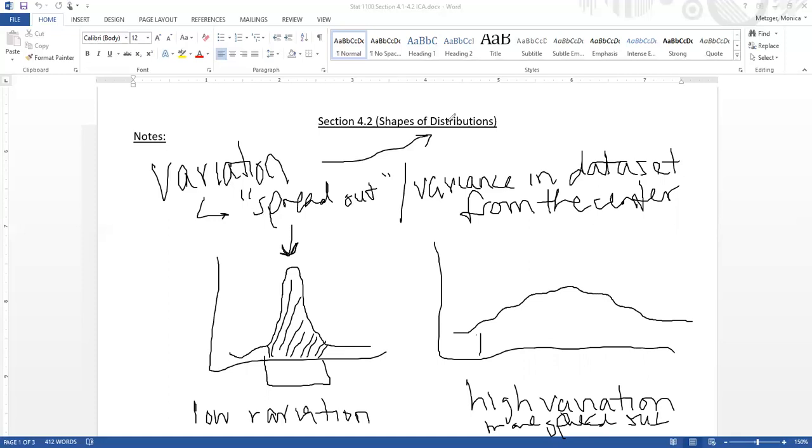So now we can see that most of our data is here. So there's not as much variation when it's all centered around the center of a data set, and there's more if it's spread out. And we'll talk more about that as well in some of the practice problems.